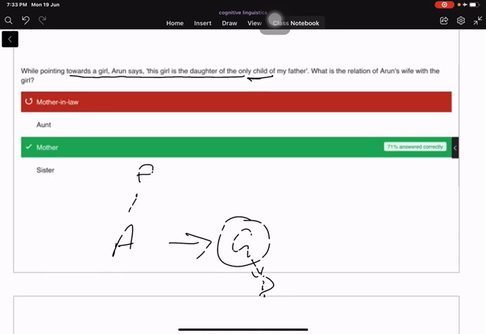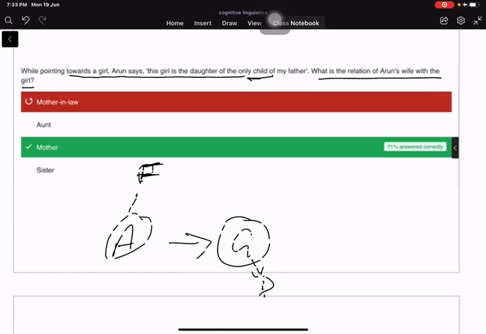He has a father, right? This girl is the daughter of the only child of my father. What is the relation of Arun's wife with the girl?